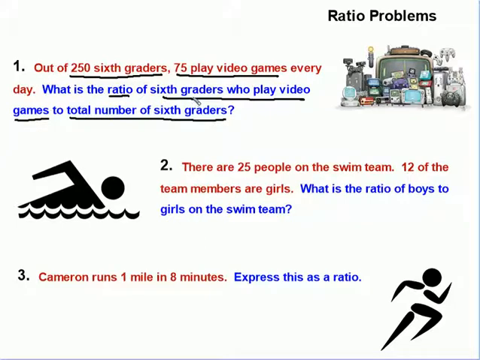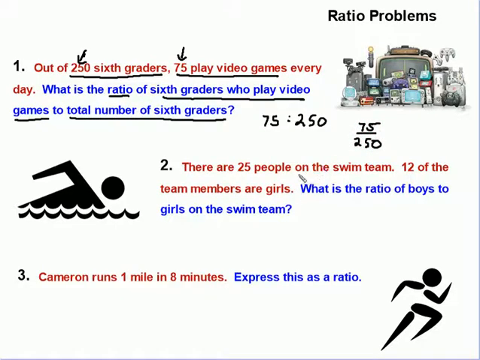So we want to know the ratio of the sixth graders who play video games every day. That's this number right here, 75. So we're going to start with that one, 75, to the total number of sixth graders. And what was that? That was 250. So 75 to 250.